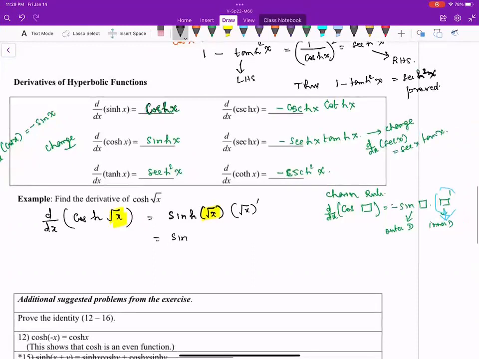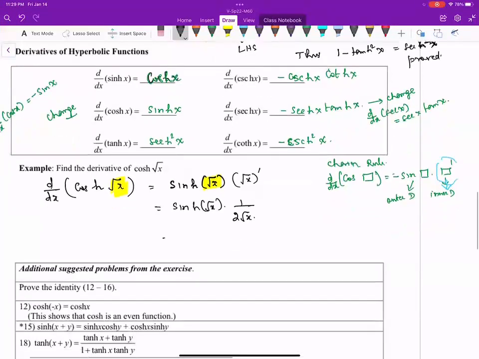So it is sine hyperbolic radical x times 1 over 2 radical x. A better way to write this would be 1 over 2 radical x in front, followed by sine hyperbolic root x. The idea is that we don't want to confuse this 1 over 2 radical x along with this argument of sine hyperbolic. That is, derivative of cosine hyperbolic radical x is 1 over 2 radical x sine hyperbolic radical x.